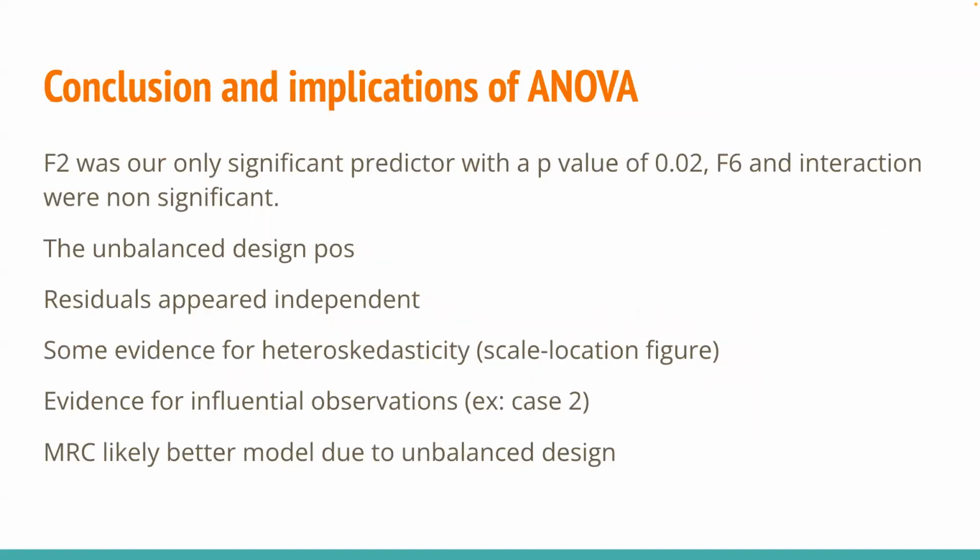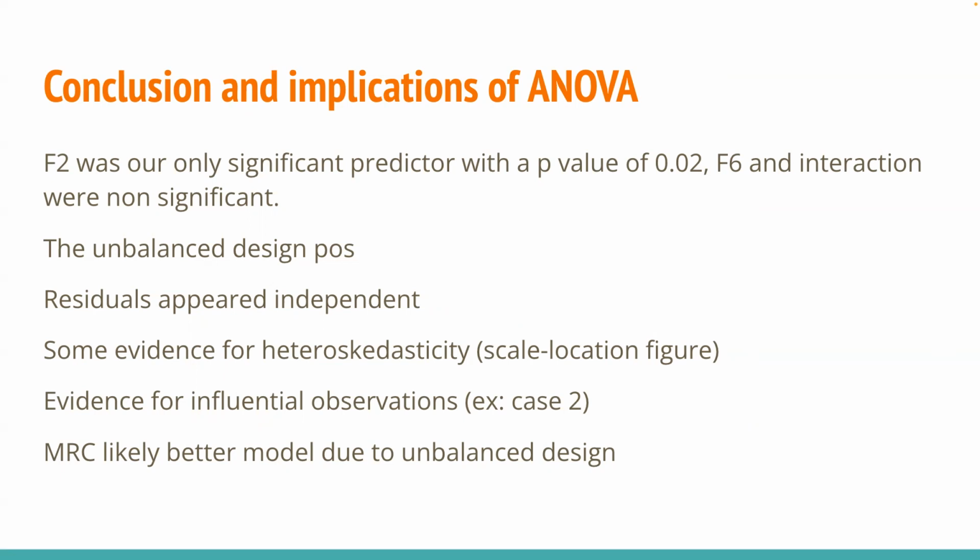So what can this mean? Our F2 was our only significant predictor with a p-value of 0.02. F6 and the interaction of F2 and F6 were non-significant, so we failed to reject the null there. The unbalanced design really did not help with this study.